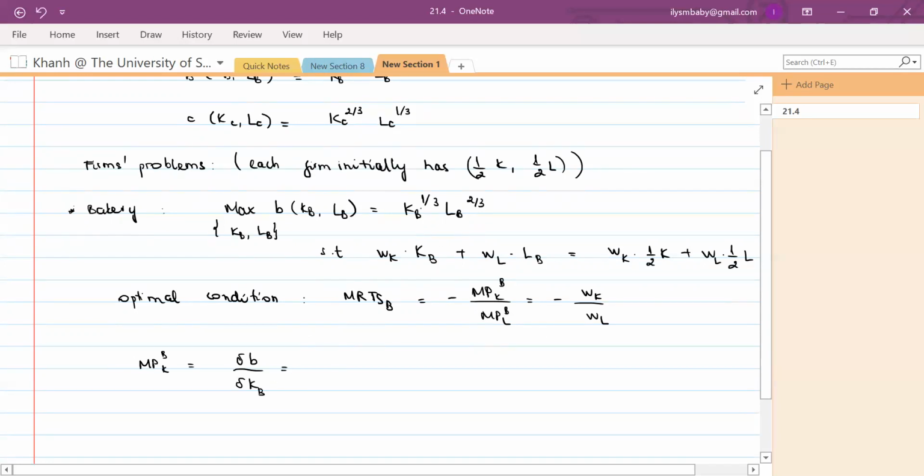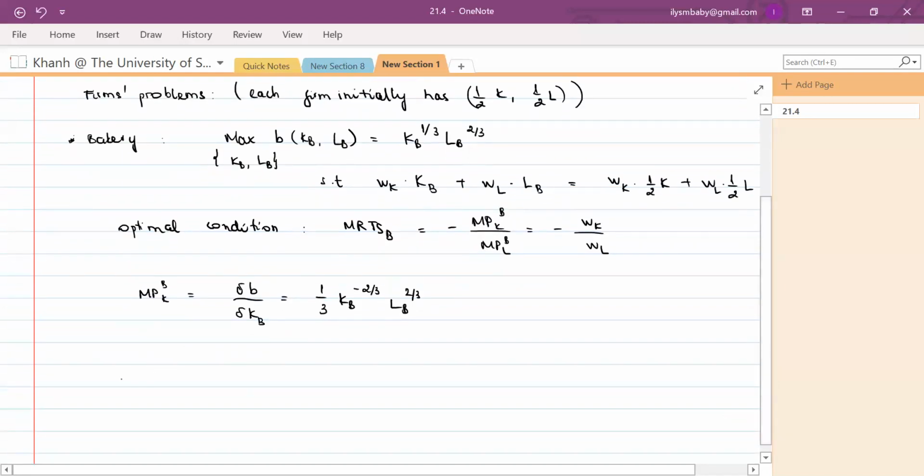If I differentiate the production function with respect to KB, I'll get 1/3 KB to the power negative 2/3 and LB to the power 2/3, so we're treating LB as constant. Very similarly, marginal product of labor for firm B is the differential of the production function with respect to LB, and I'll get 2/3 KB to the power 1/3 and LB to the power negative 1/3.